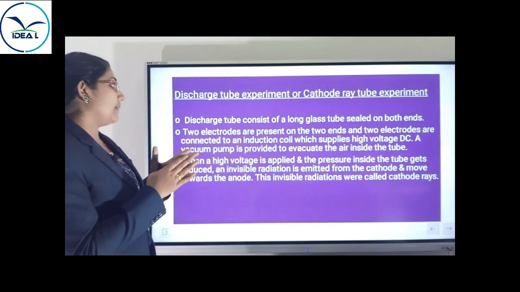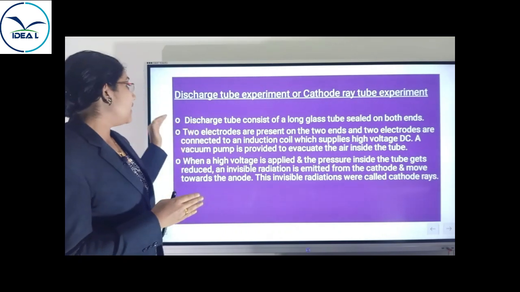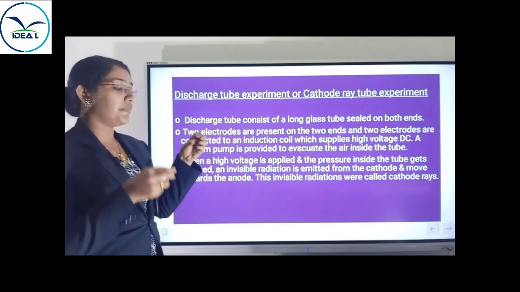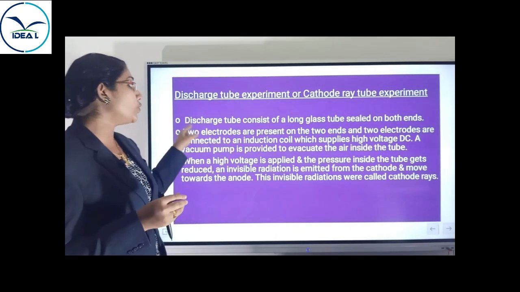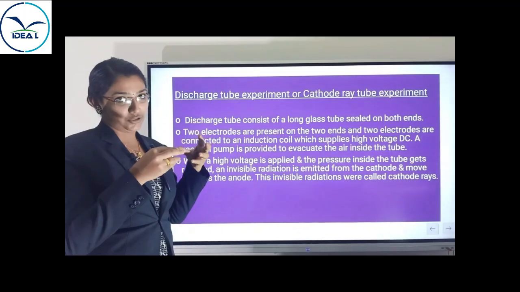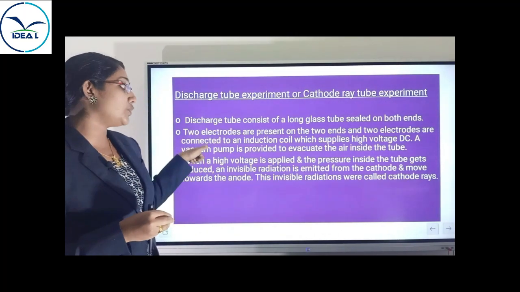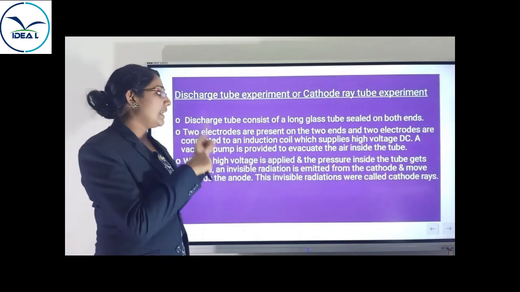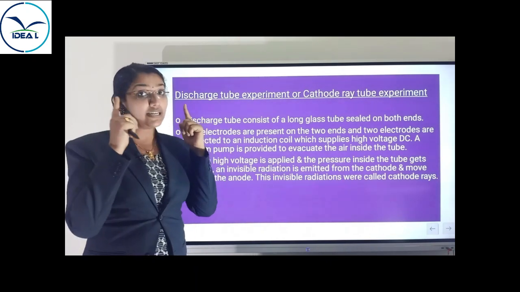Then, what is the apparatus arranged on that? Two electrodes are present on the two ends. In the two ends of this discharge tube, two electrodes are attached, and these two electrodes are connected to an induction coil. While we study this experiment, just imagine the picture of that experiment.